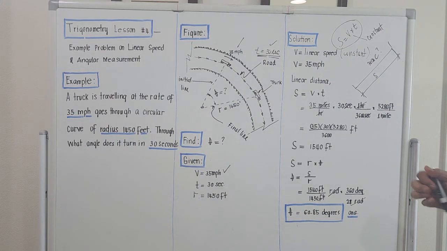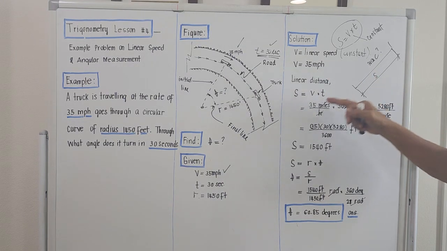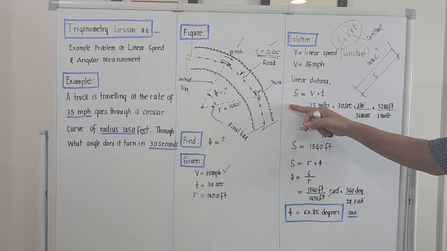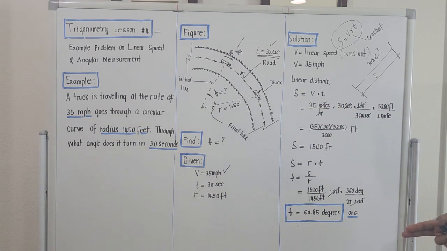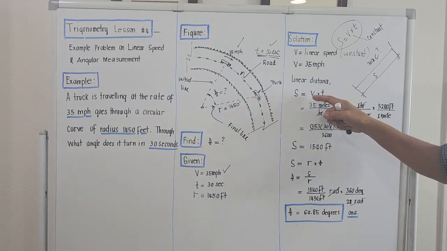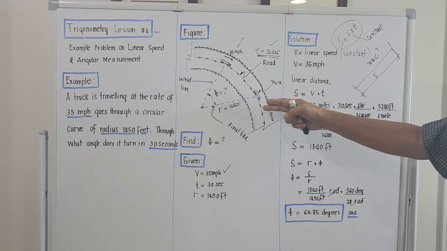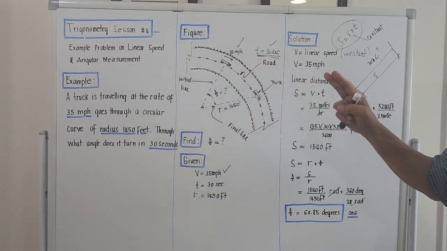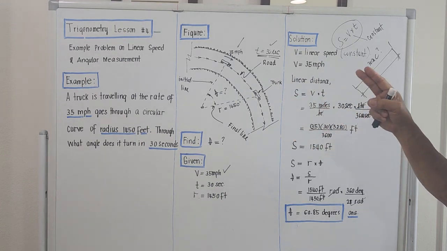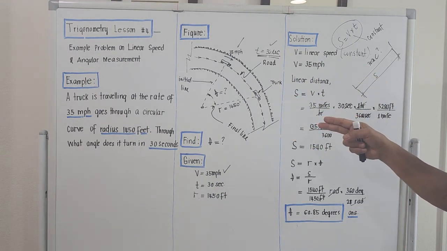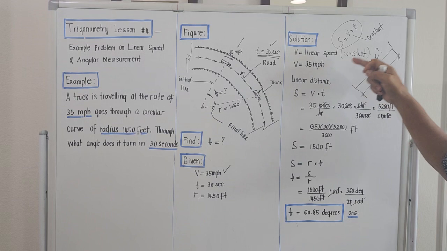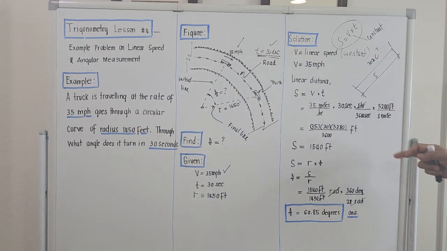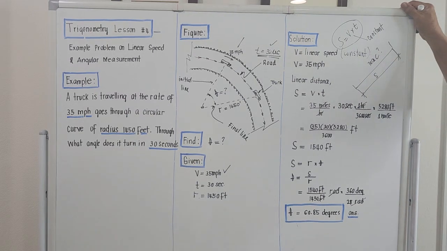So by using the equation for linear distance, that is distance s traveled by any moving thing in a straight line, is the constant velocity multiplied by time. So even though the truck is traveling in the curved path, in the computation of its total distance traveled, we'll use the straight line method, right? The straight line method will be velocity times time.